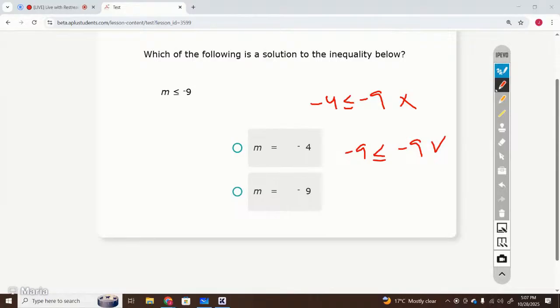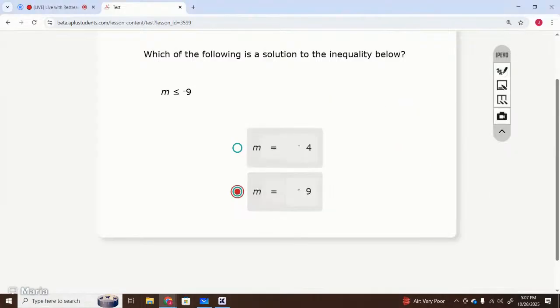This is not less, but they are equal. Option number 2 is the correct option.